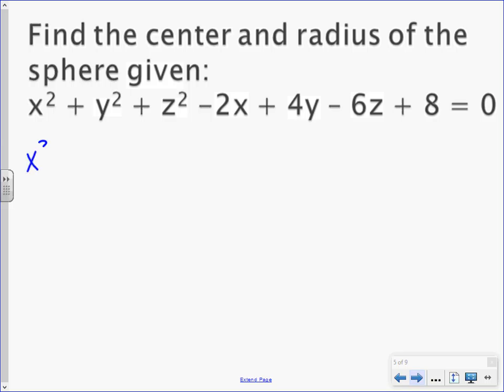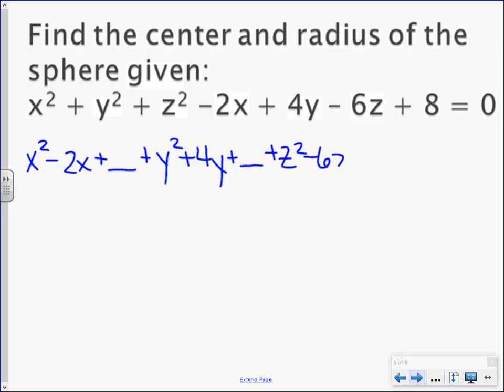We have x squared minus 2x plus a mystery number. We have y squared plus 4y plus a mystery number. And we have z squared minus 6z plus a mystery number. And then I'm going to go ahead and move this 8 to the other side. And then we're going to have to add those 3 mystery numbers to balance out our equation.